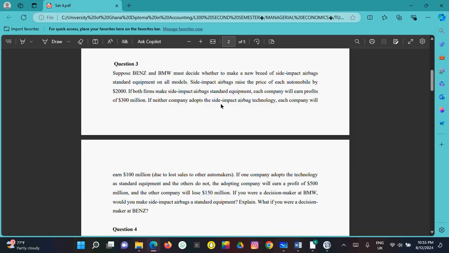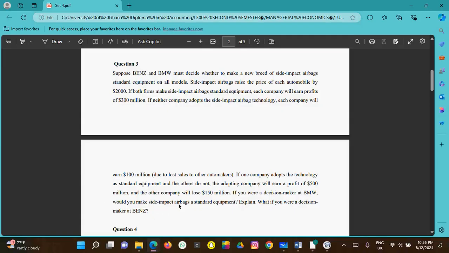If neither company adopts the side impact airbag, each company will earn 100 million due to the loss to other automakers. If one company adopts the technology as standard equipment and the other does not, the adopting one will earn 500, and the other company would lose 150 million. If you were a decision maker at BMW, would you make side impact airbags standard equipment? Explain.